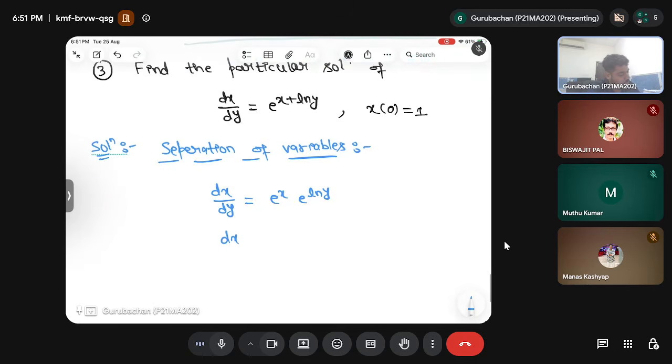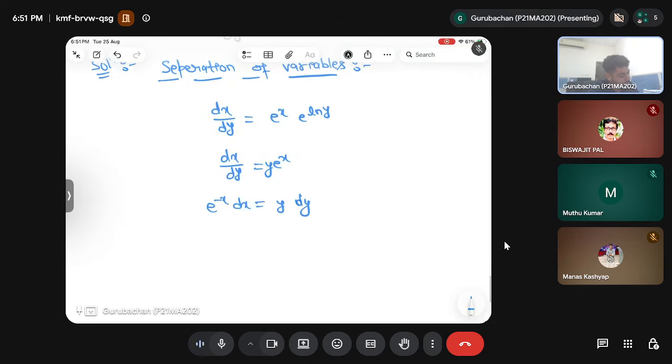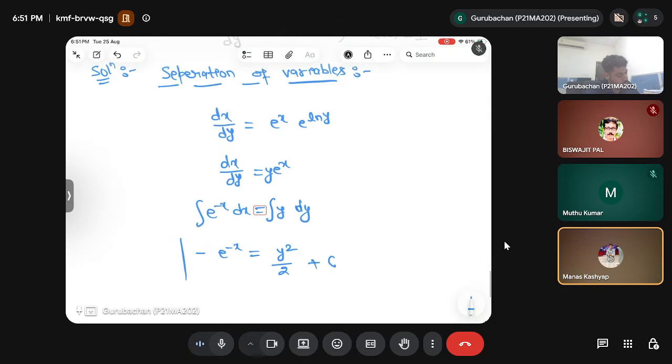Now dx by dy can be written as y times e to the power x, so e to the power minus x dx is equal to y dy. If you integrate both the sides, what you will get? Minus e to the power minus x is equal to y square by 2 plus constant. It is a general solution.